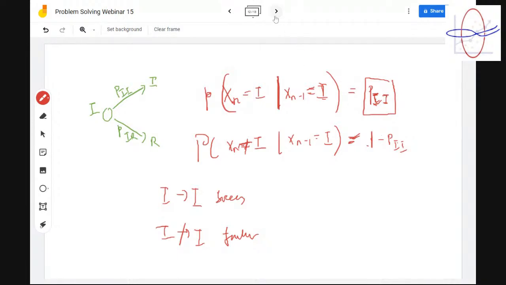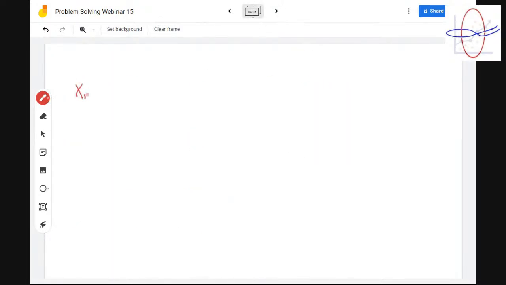So we are trying to mathematically model that Xn given Xn minus 1 is equal to I follows a binomial with n, that is, the number infected in Xn minus 1, which is 502 over here, and probability PII.